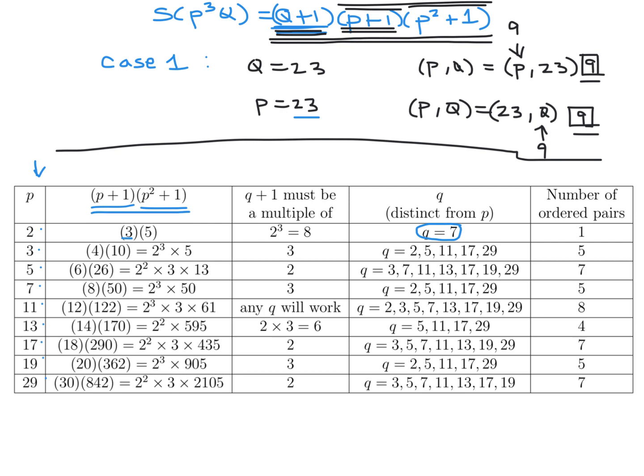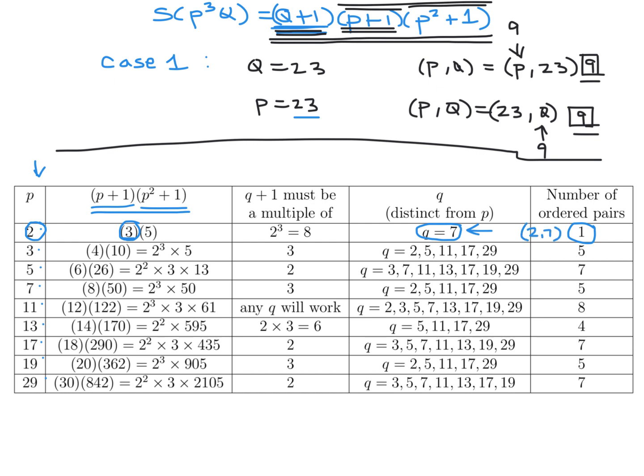And then when you multiply it by that 3 there, it becomes 24. So those are the two values for P and Q that make that expression divisible by 24. So when P is 2 and when Q is 7. And there's only one such ordered pair, that ordered pair being 2, 7.